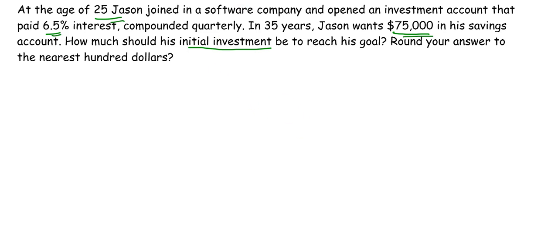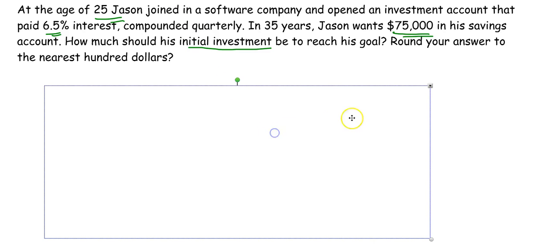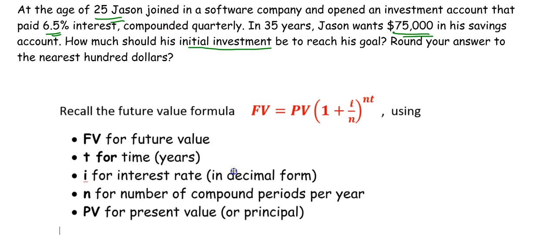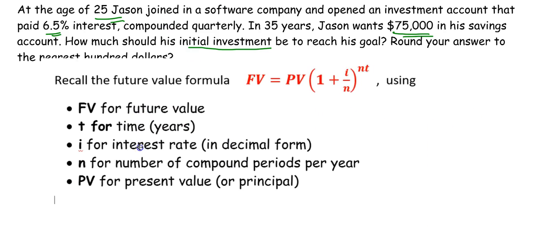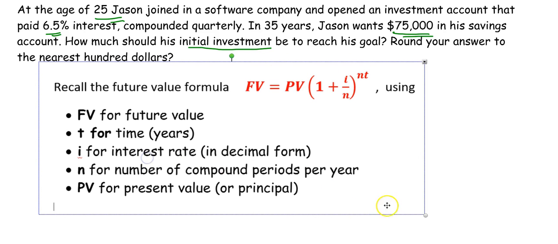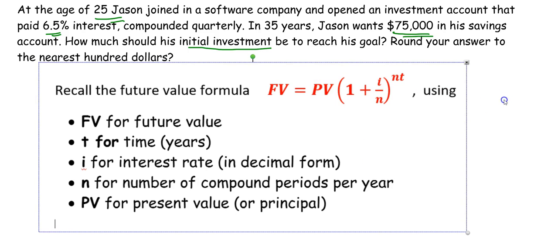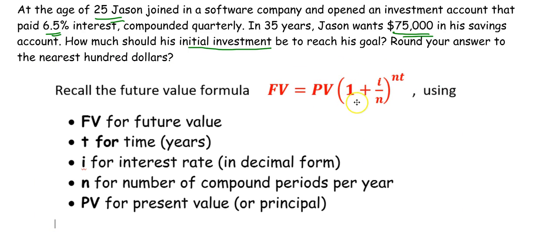Now, we have a formula for future value, right? It's like this. The future value FV is equal to present value times (1 plus i over n) to the power of n times t.